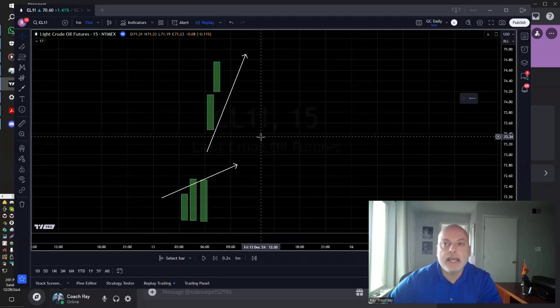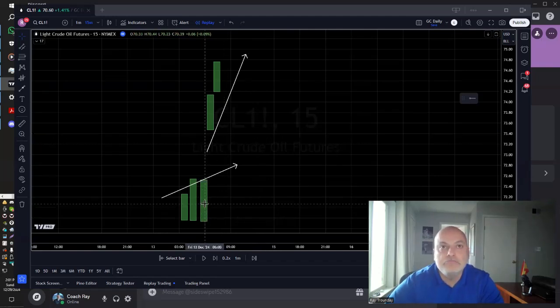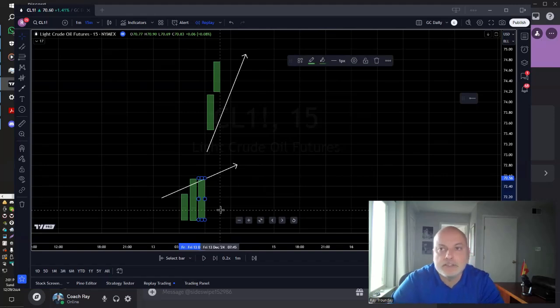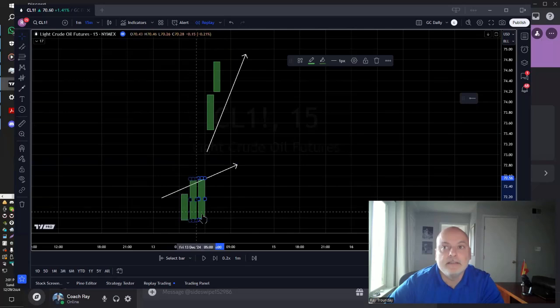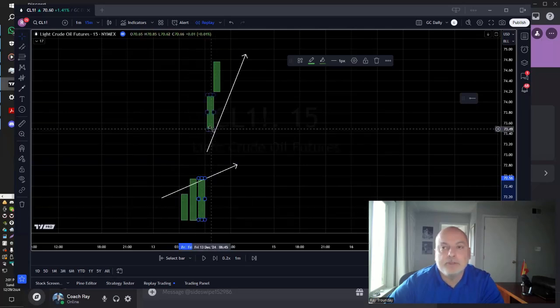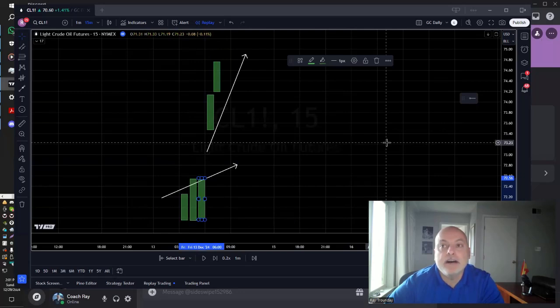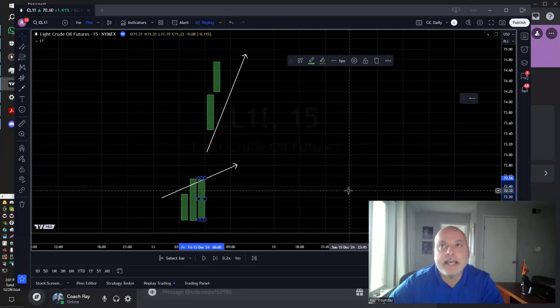One of the important ways to evaluate volume is not only based on time, but Peter Steidlmayer and later James Dalton popularized this, evaluating price not based on the amount of time that is spent at that particular interval, but the amount of volume that is traded at that price.